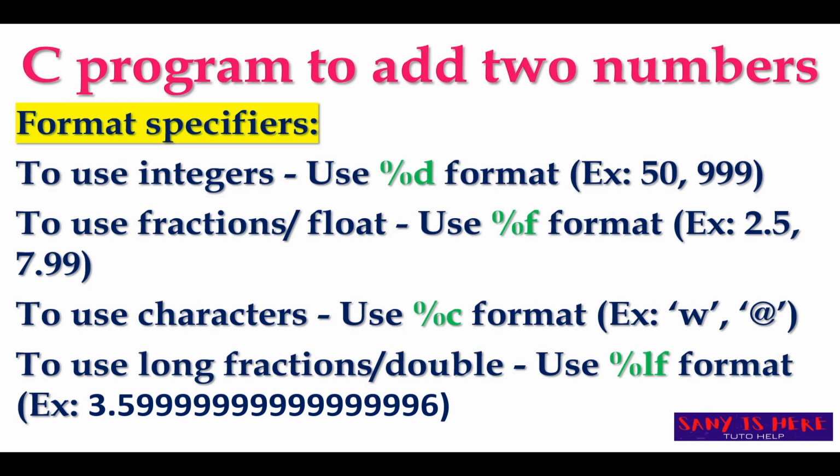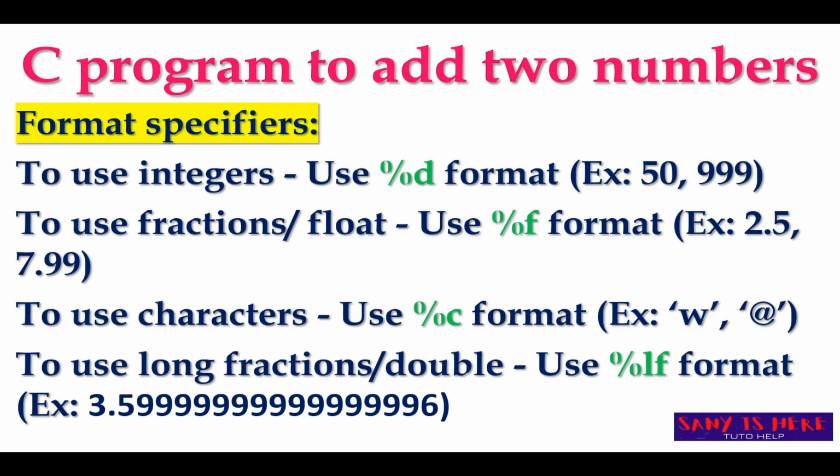To use characters in the code, you must use %c as the format. And note that these are all small letters. To use long fractions or double values, you must use %lf format.